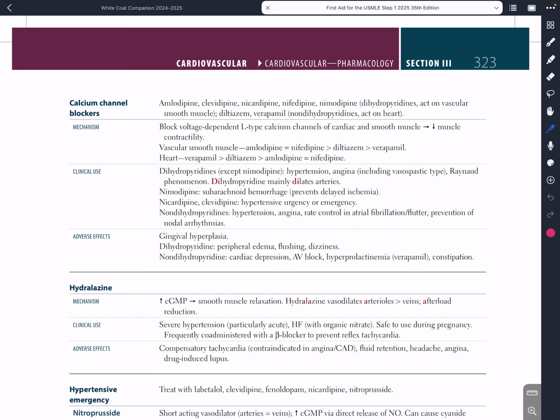What are the calcium channel blocker drugs that act directly on the heart? They are diltiazem and verapamil. Diltiazem and verapamil directly act on the heart and are called non-dihydropyridine calcium channel blockers.